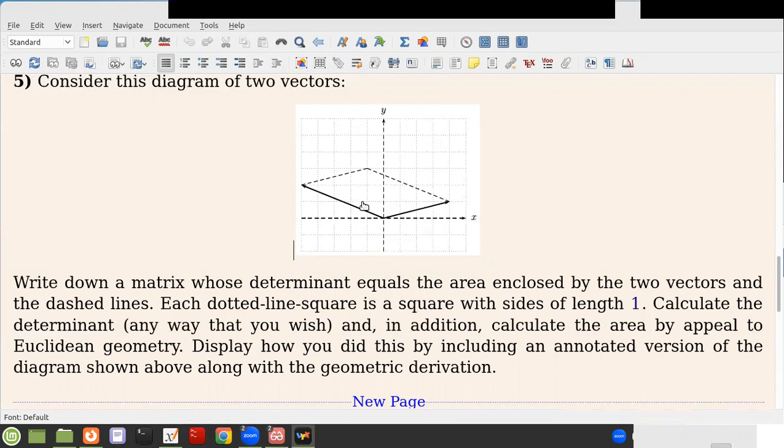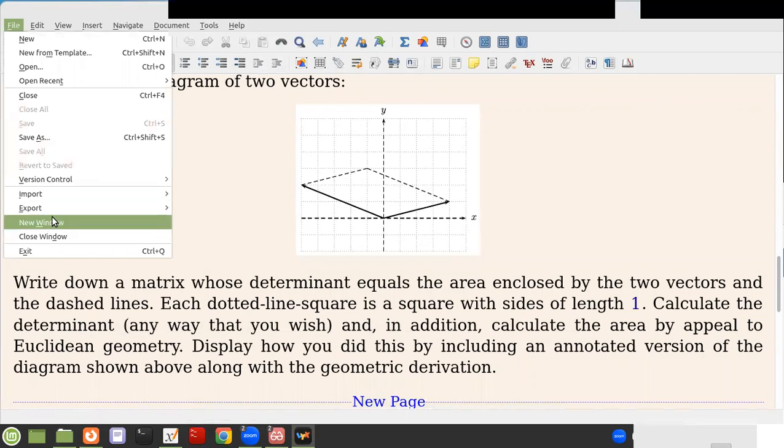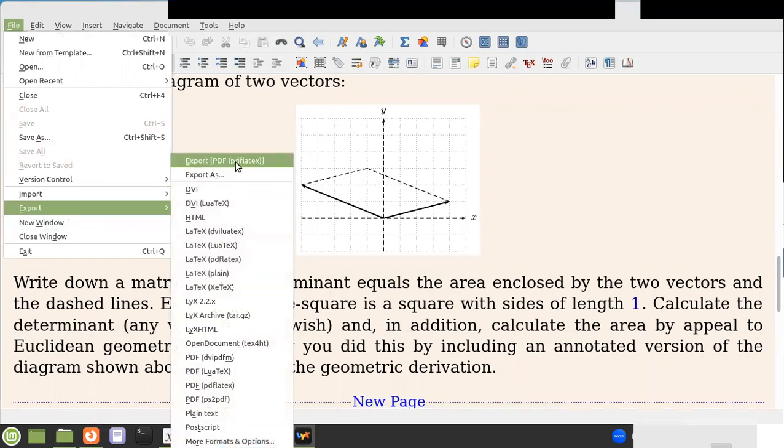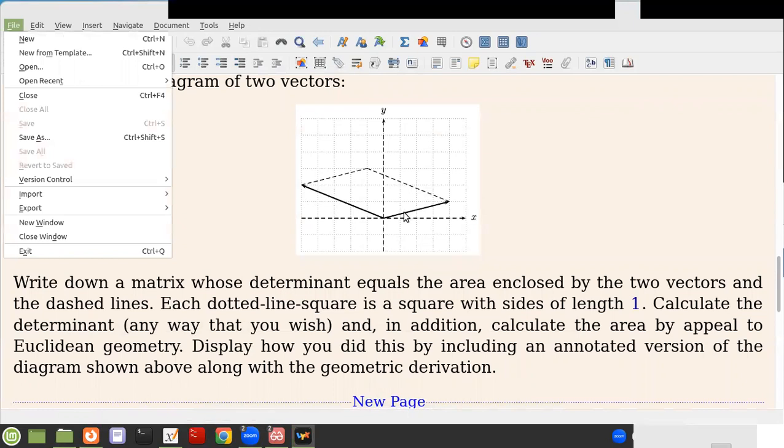It should just appear here. And if it doesn't, you want to keep the LIX file and the diagram in the same folder so that you know where everything is. But at the end, when you turn it in, when you choose export and export as PDF, the image will be included in the PDF file, and you'll just need to turn that in.